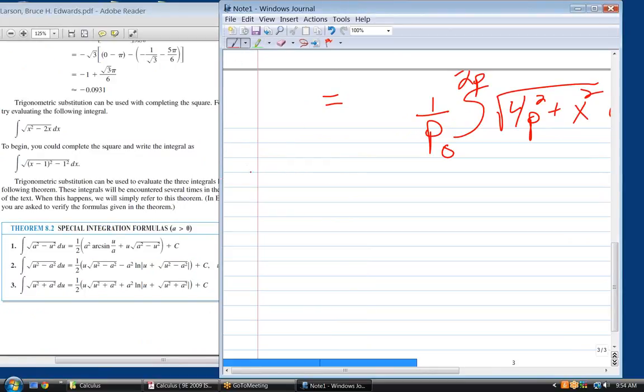So our answer is 1 over p times everything here. 1/2 u, which is x.